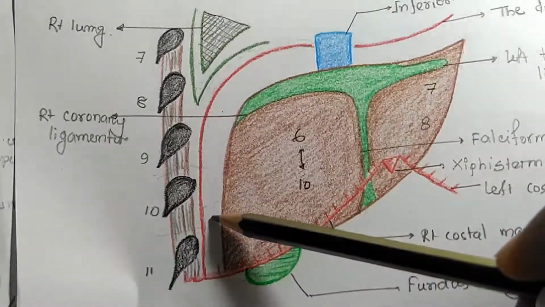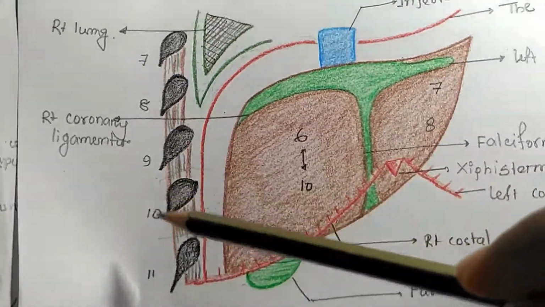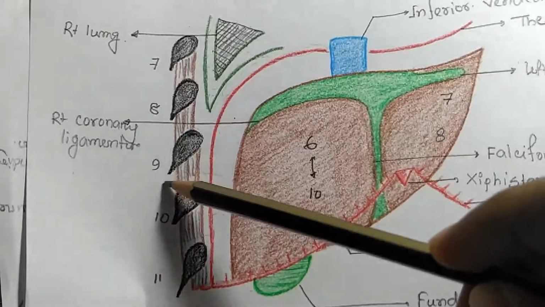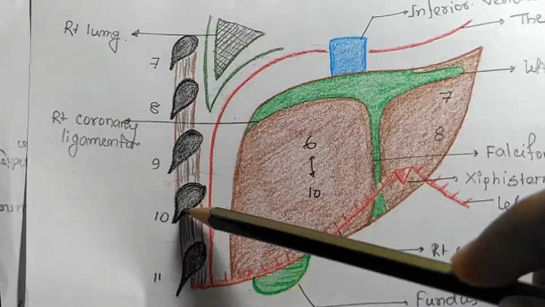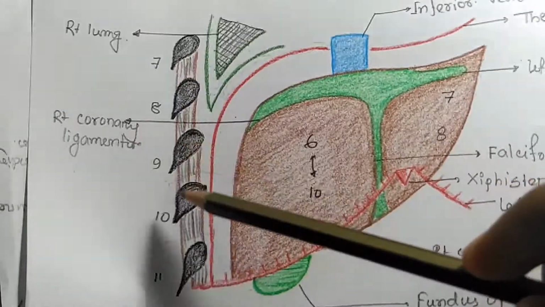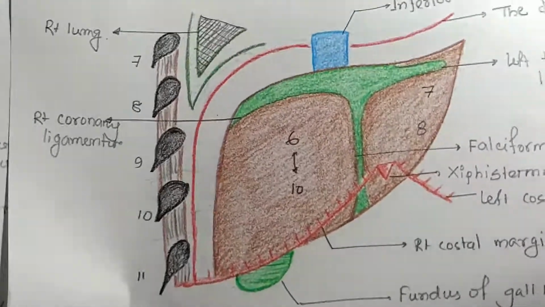So abscess drainage percutaneously from the liver is done through this channel, between the 9th and 10th, sometimes between the 10th and 11th. So the 9 to 11 space is very necessary surgically.